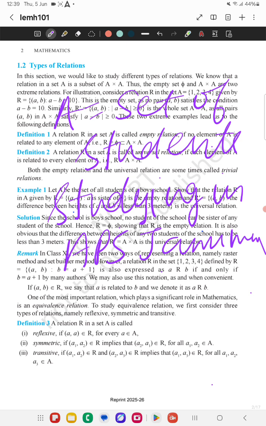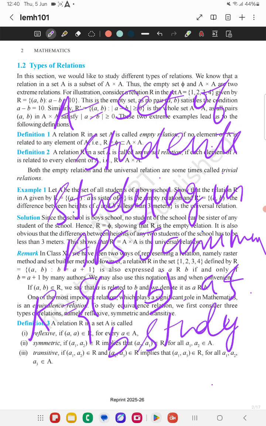Then the relation R is {(a, b) such that a and b study in APS Jammu}.